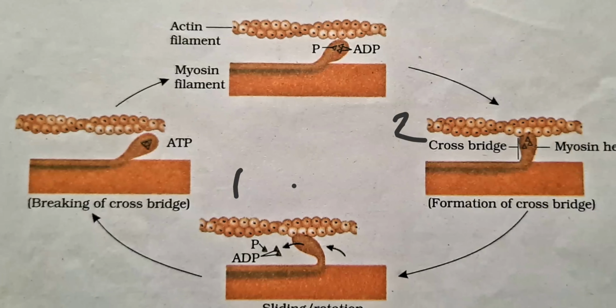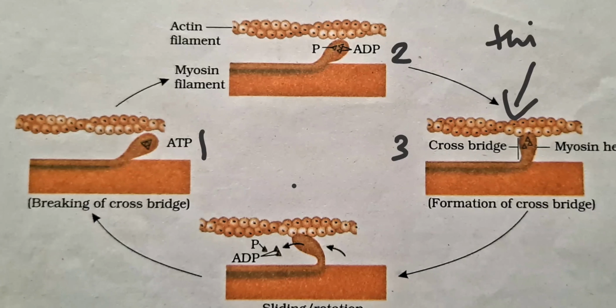Step number 3: using that energy, the cross arm attaches with the myosin binding site present on the thin filament. Now it is known as a cross bridge.